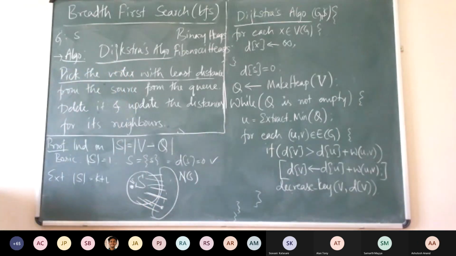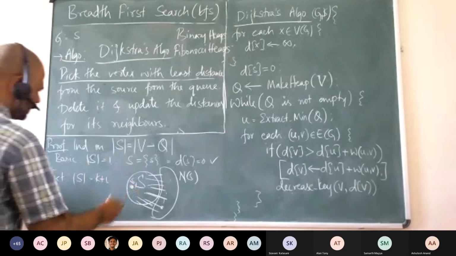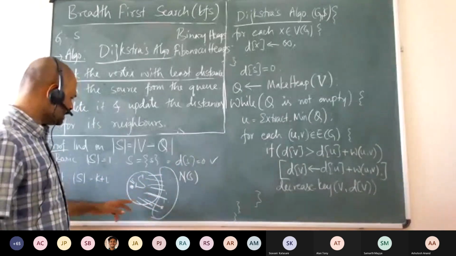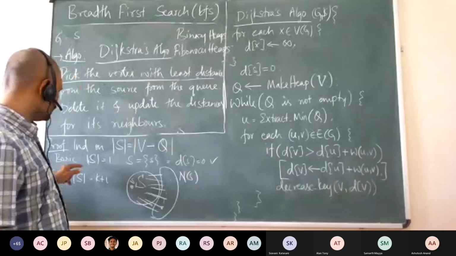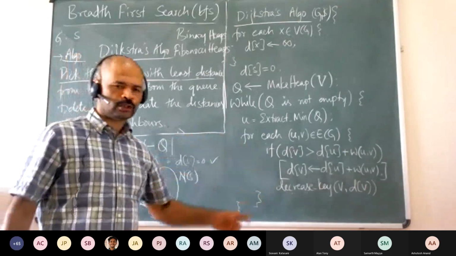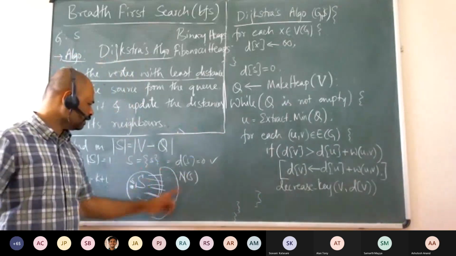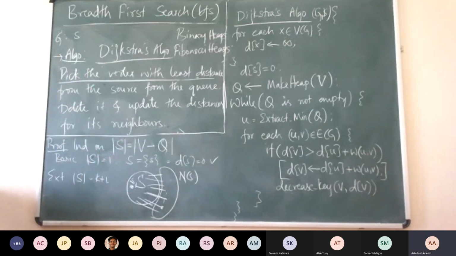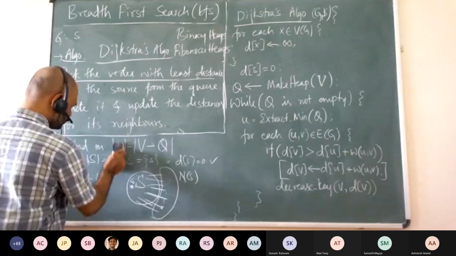That again is pretty simple, but that is what we are trying to do. So does everyone agree that the next vertex which we pick, which is closest to the source, should come from the neighborhood of this S? If S and S are a bit confusing for you, let me put it as something else.